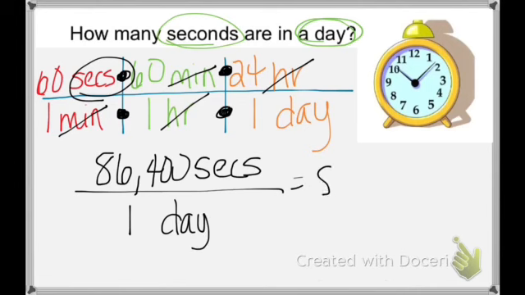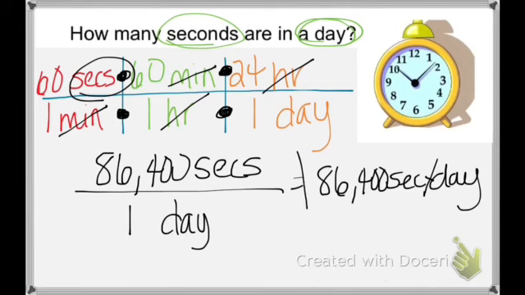So that means there are 86,400 seconds per day. So again, all you're doing is converting. We now have the unit rate for the number of seconds per day.